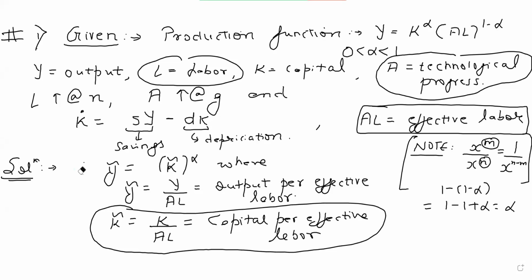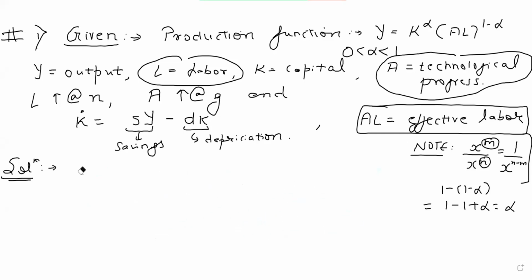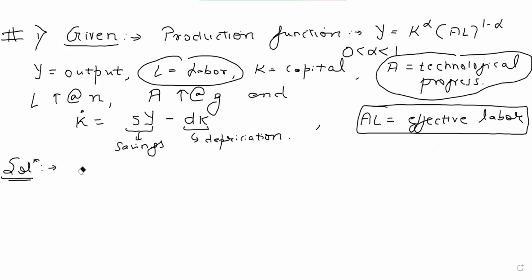Now let me erase this particular part. So I can write, consider k tilde equal to k over AL.